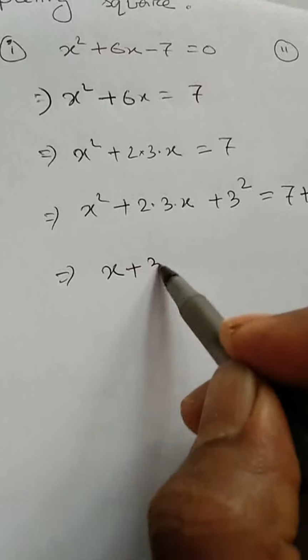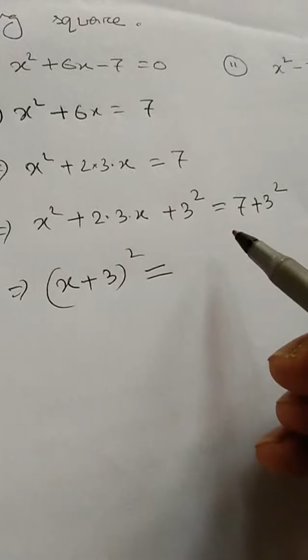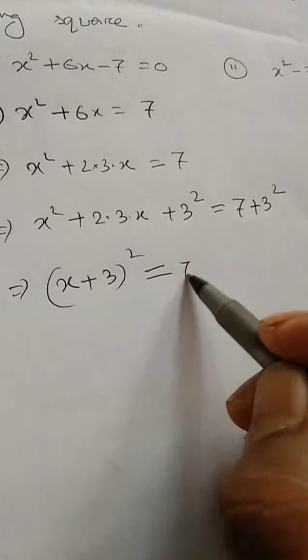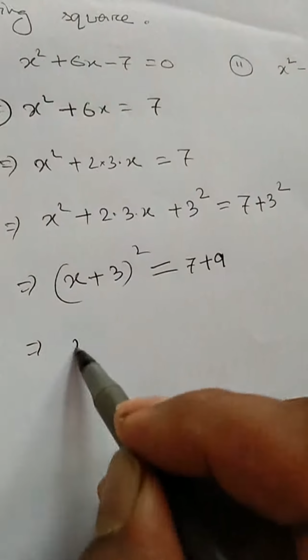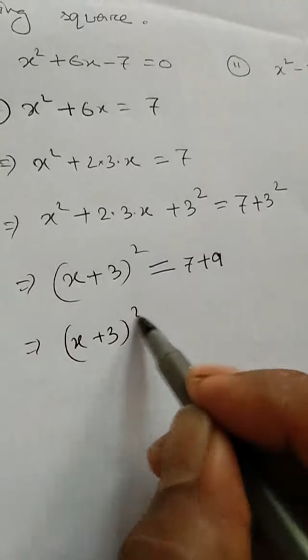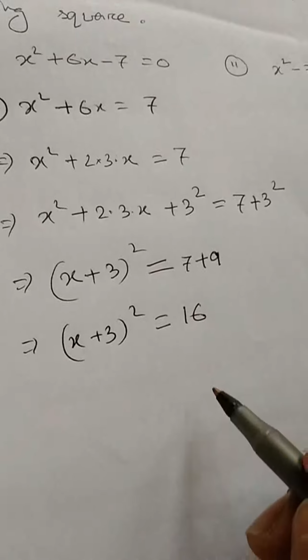So it is (x+3)², and on the right side it is 7 plus 3 square, which is 9. So then (x+3)² equals 16.